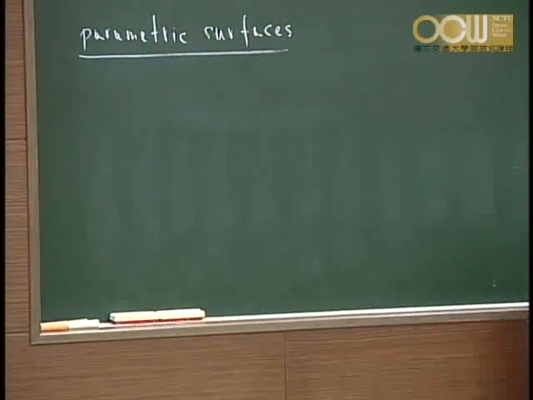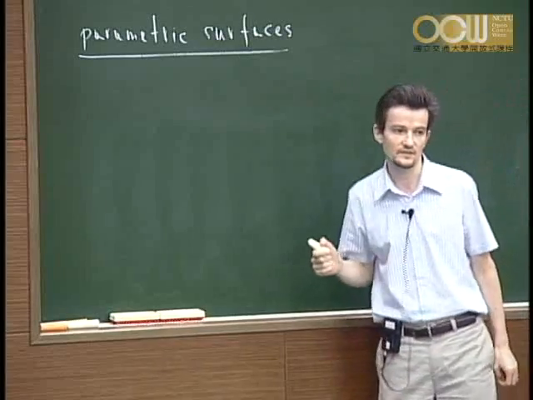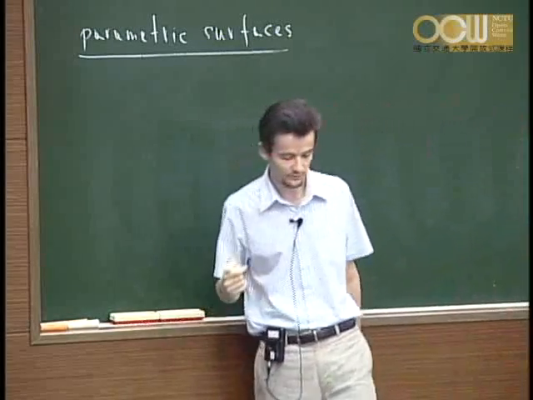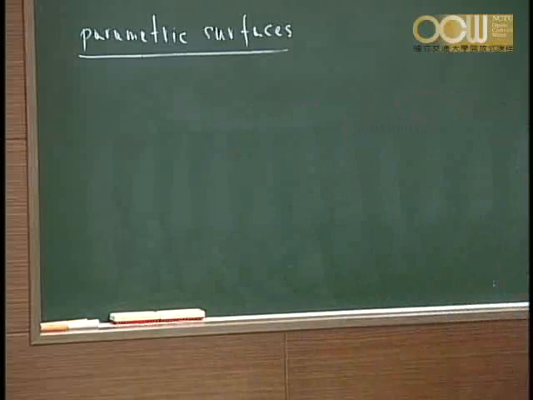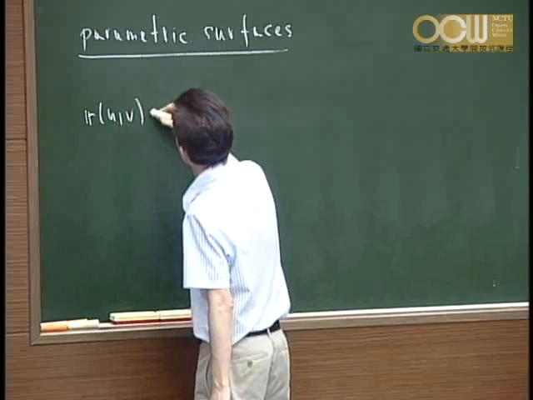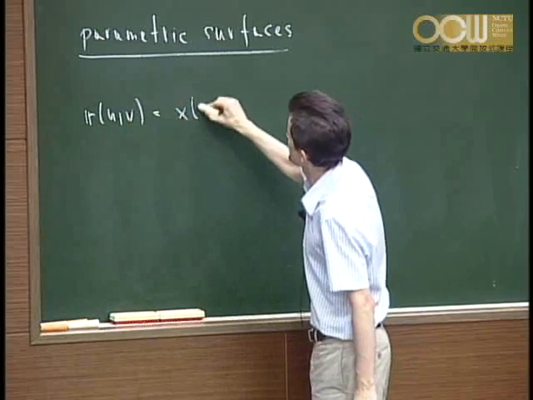This concept is not very difficult. It's just a generalization of surfaces, which is quite natural, in the same flavor as parametric curves. So what we have is a surface given as follows.